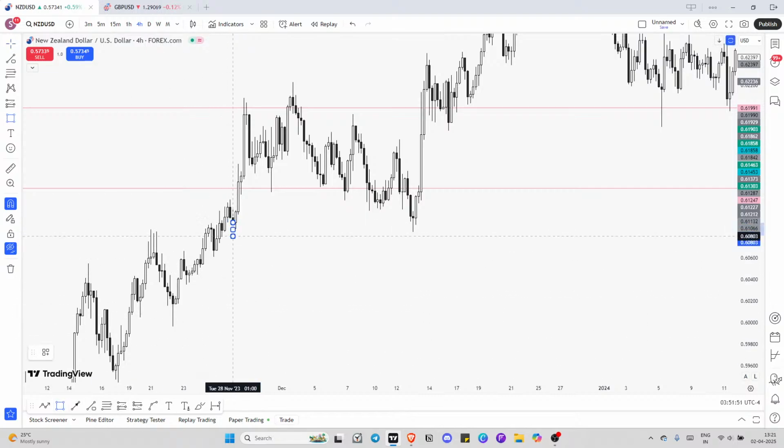Pushed down, push, push down, and then went up, right? And we are bullish. You can see, still bullish, bullish.